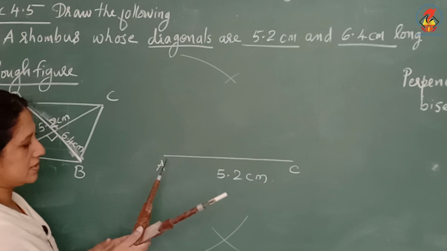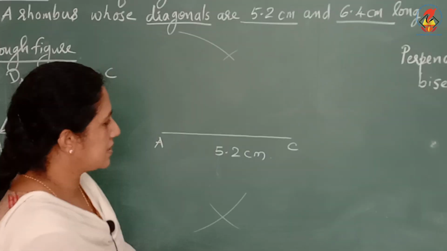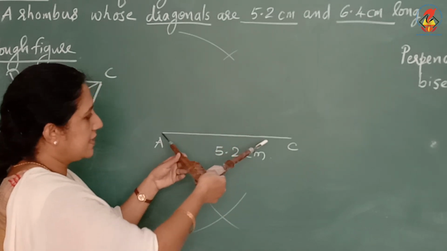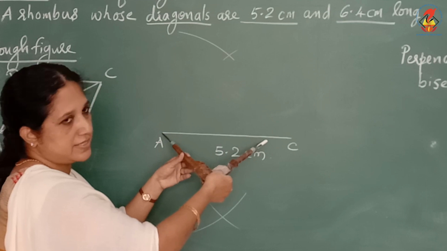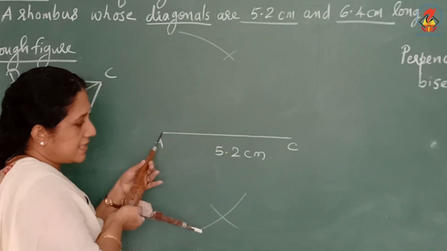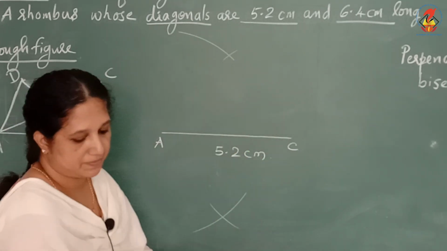So the first step, draw the line segment AC, 5.2 centimeter. Second step, draw the perpendicular bisector. How? Take more than half of the length of AC. Then draw arcs on either side of the line segment AC with A as center as well as with C as center.